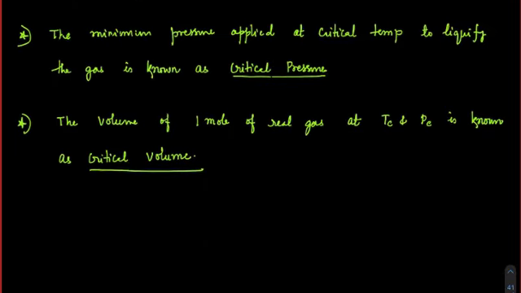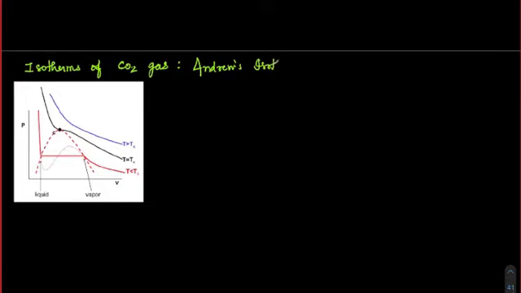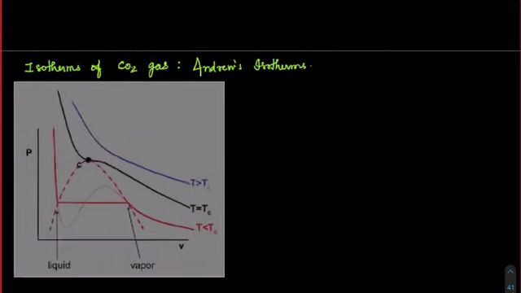How they are related with each other is what we will learn, for which we require the isotherms of carbon dioxide. So I'll draw it from here. These are the isotherms of carbon dioxide gas, first started by Andrews, so they are also called Andrews isotherms. What does this graph tell us?